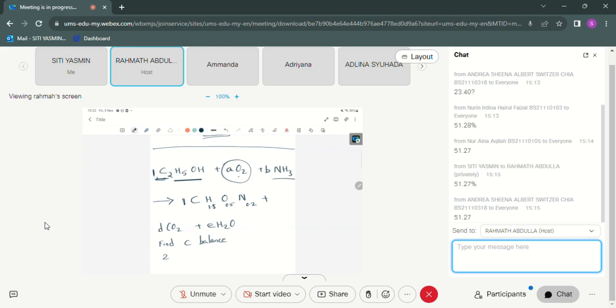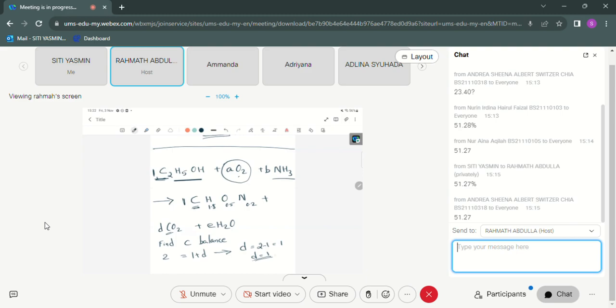On the left hand side you don't have any more carbon, and on the right hand side you have 1 here and 1 here, which will be D. So you will have 1 plus D. Now from this you can find D. D will be equal to 2 minus 1, which is 1. So the answer is D equals 1. You've already found the carbon balance.